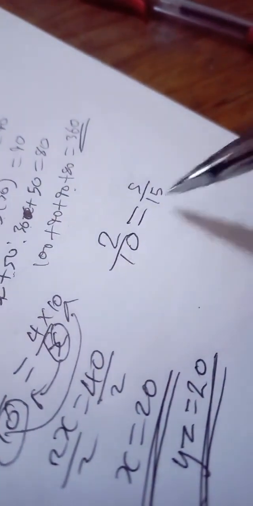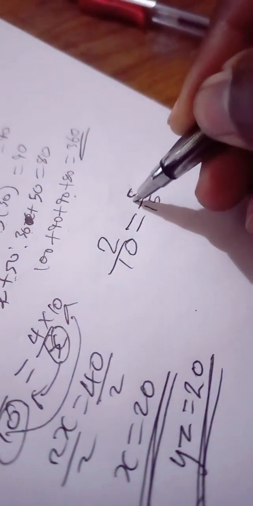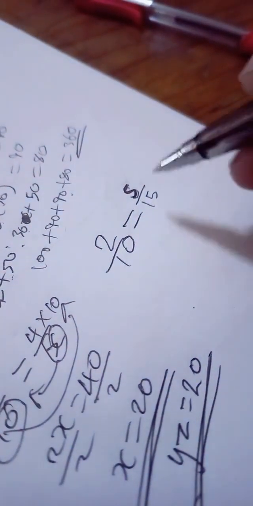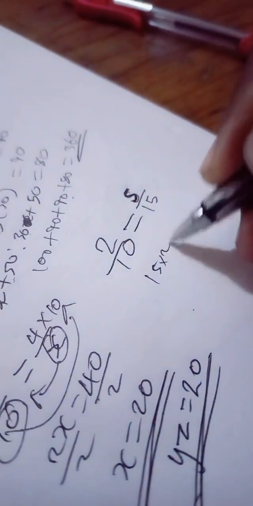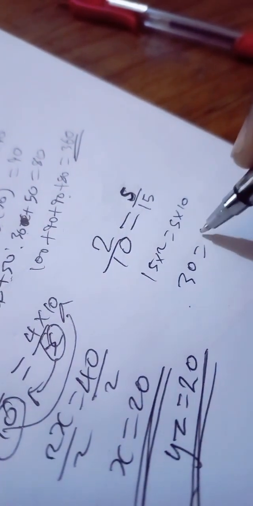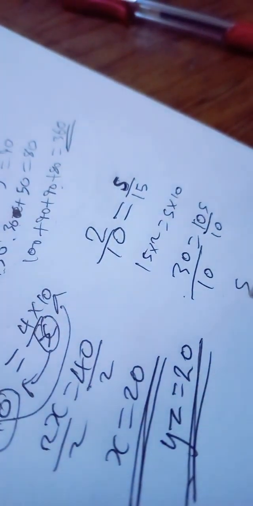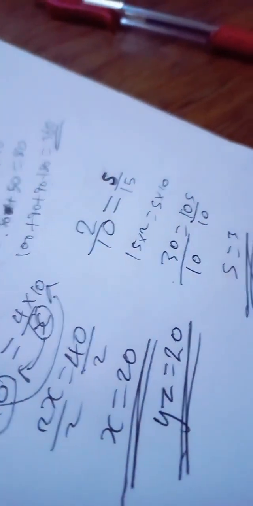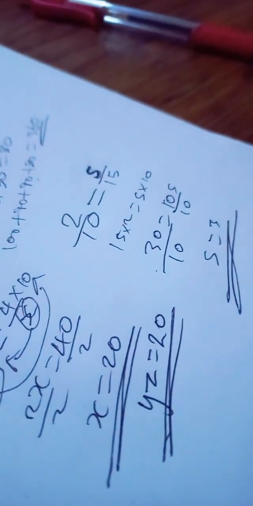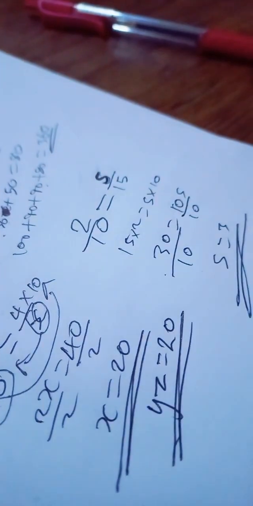What are we saying? 15 times 2, S times 10. This is an S, guys, not a 5. 30 is equal to 10S. Divided by 10, divided by 10. S is equal to 3. This is similarity and congruence.